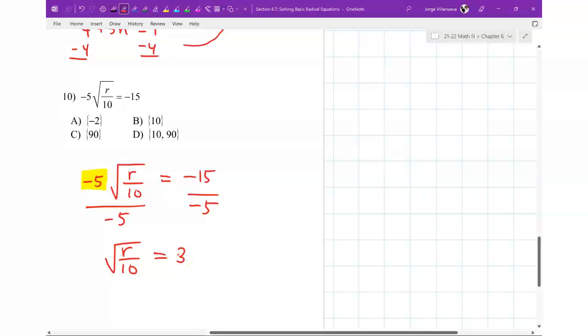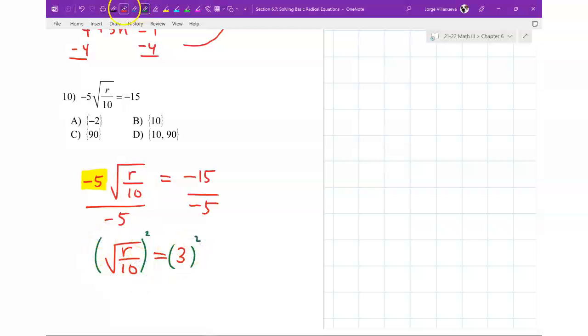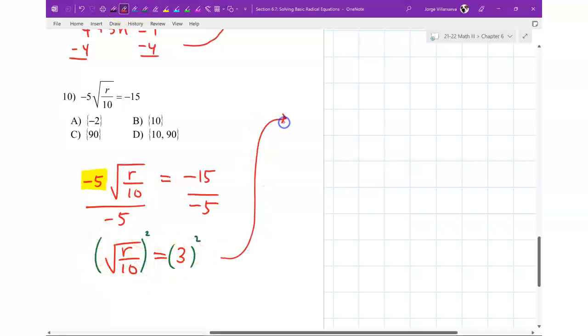And now I do what I've been doing all this time, which is just squaring both sides. So the square root of r over 10, quantity squared, is just r over 10.